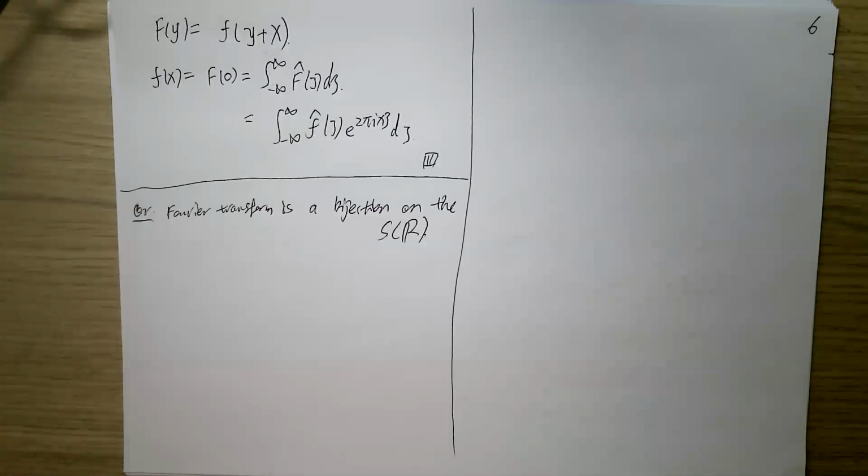But of course, on the Schwartz space, you cannot really say it has an L2 norm. In the future, you will see that we can extend this Fourier transform not only to the Schwartz space, but to a bigger function space. In that case, you can see that the Fourier transform is actually an isometry on this bigger space.